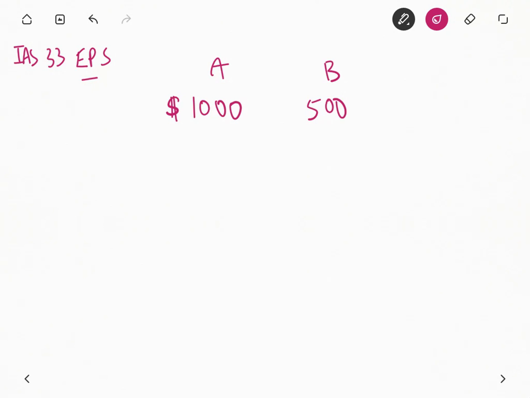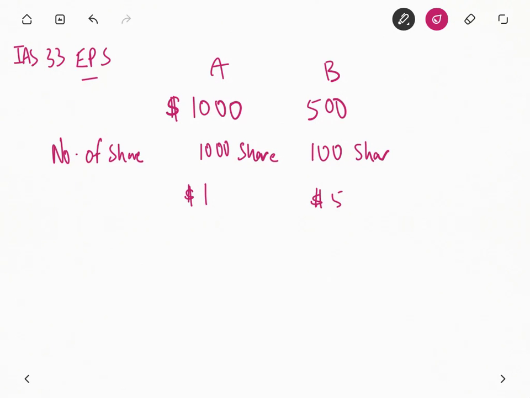But if I give you other information, the number of shares. This company has issued 1,000 shares, and this company here has 100 shares. If you own one share here, you make $1. If you own one share here, you make $5.